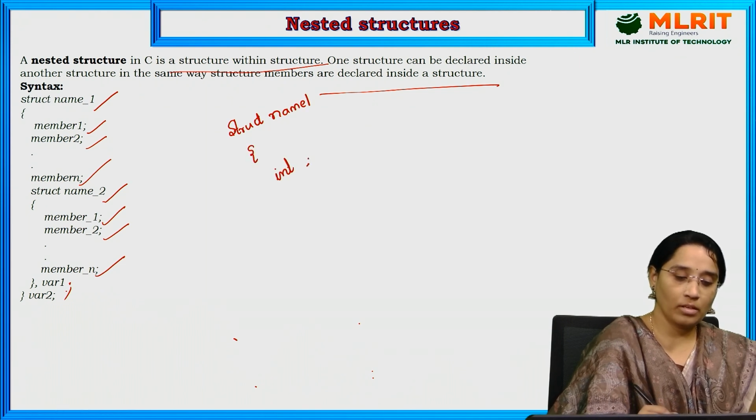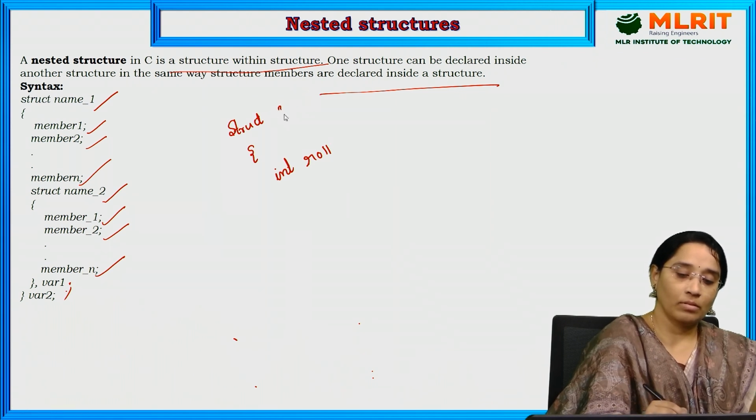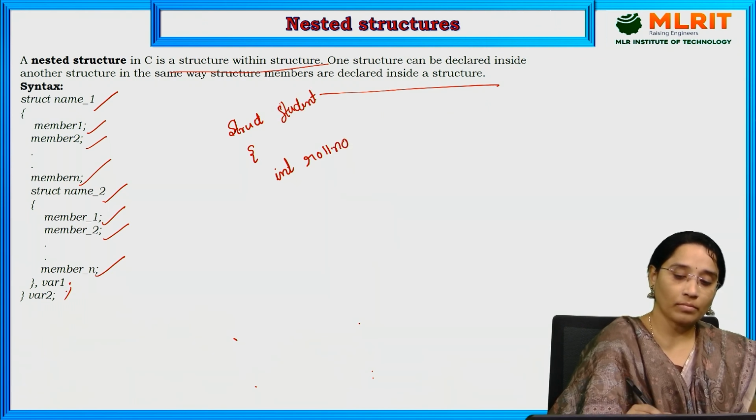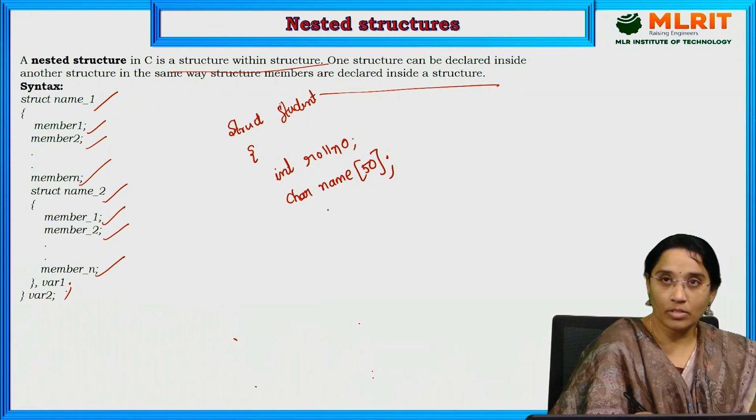Suppose struct student, int roll number, char name of 50. So these are your structure members.